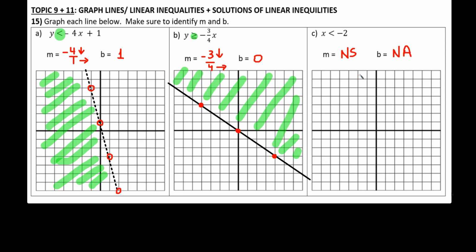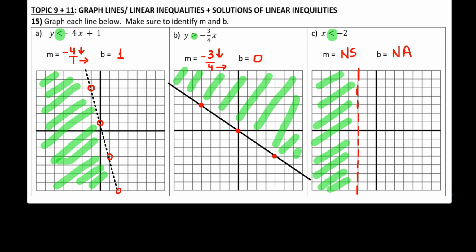Once you find it, you're going to draw a line right there, and in this case, it's going to be a dotted line because there's no dash on the inequality symbol. Very good. So here's my line, and I'm going to shade. Now, because this is a vertical line, you just use this as an arrow. So the arrow is pointing to the left. So you're going to shade right there.